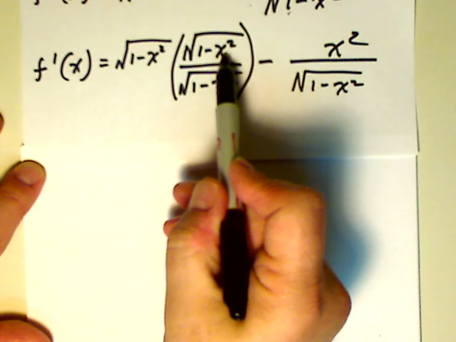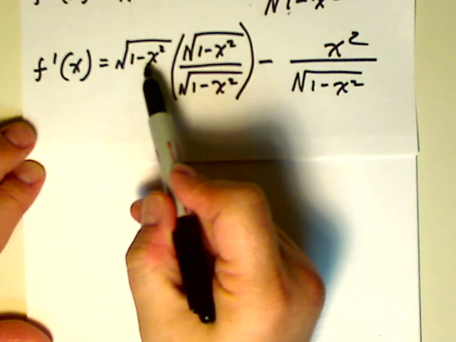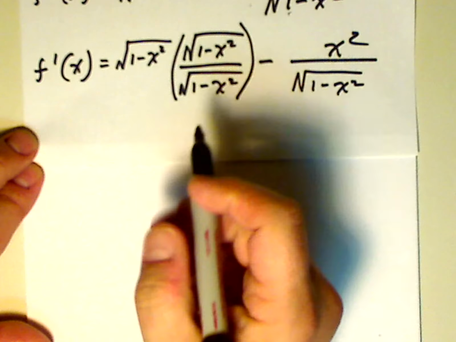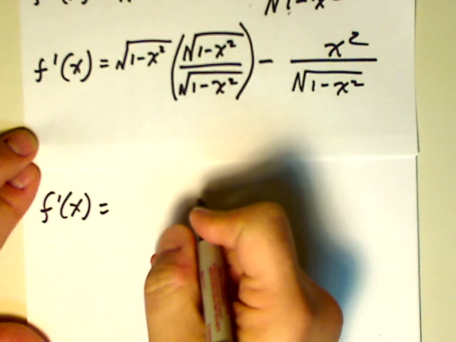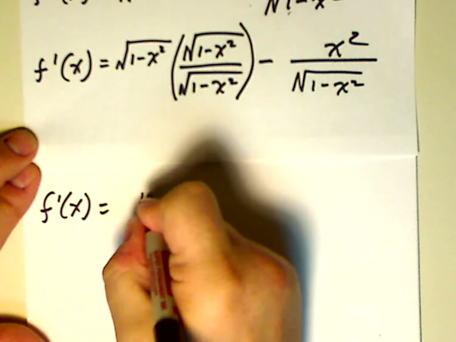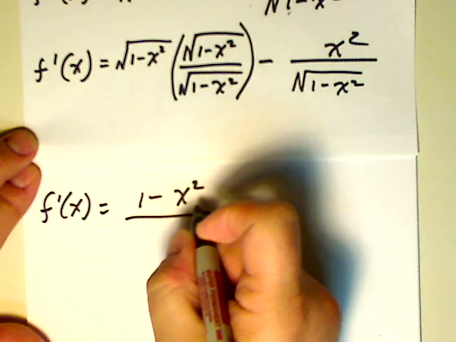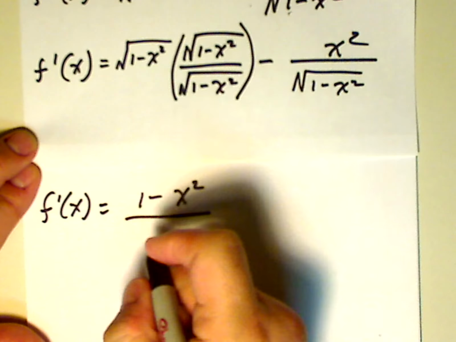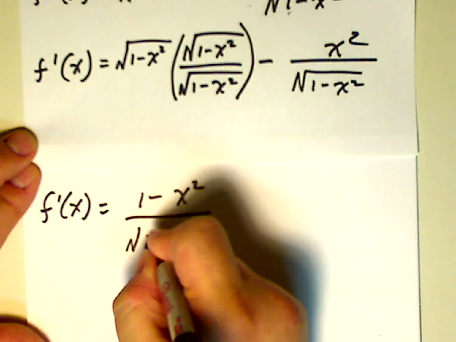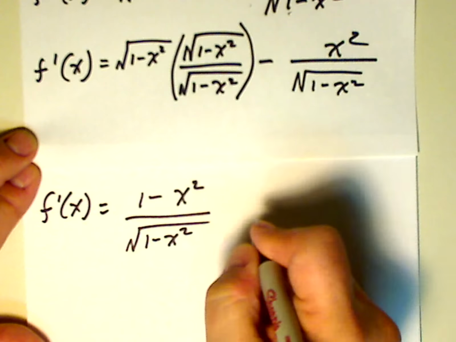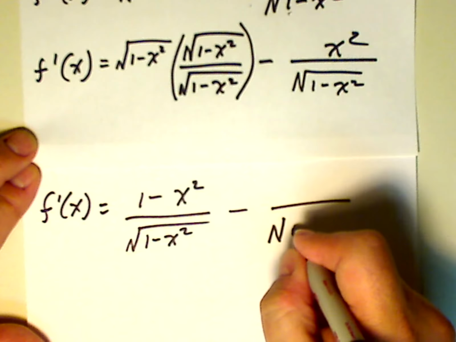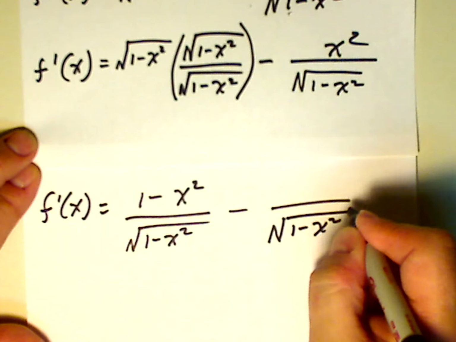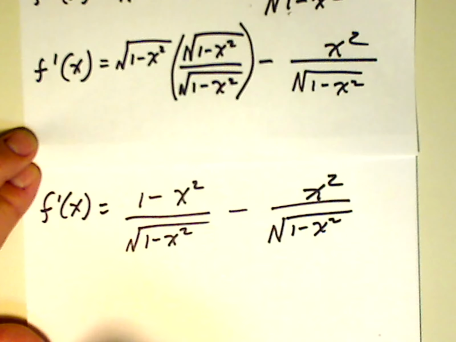The square root of 1 minus x squared times the square root of 1 minus x squared, we wind up just lifting the square root bracket. So, that's 1 minus x squared over the square root of 1 minus x squared. And then we're going to subtract off square root of 1 minus x squared in the denominator and x squared in the numerator.